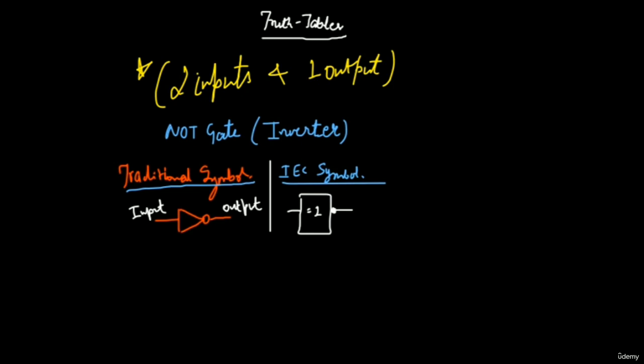Now we are going to learn its truth table. So let's quickly make its truth table. So we have input, and surely we are doing work to get the output. As we have only one input and one output, one in and one out, what we are going to do here is for the 0 we are going to get 1, and for the 1 we are going to get 0.